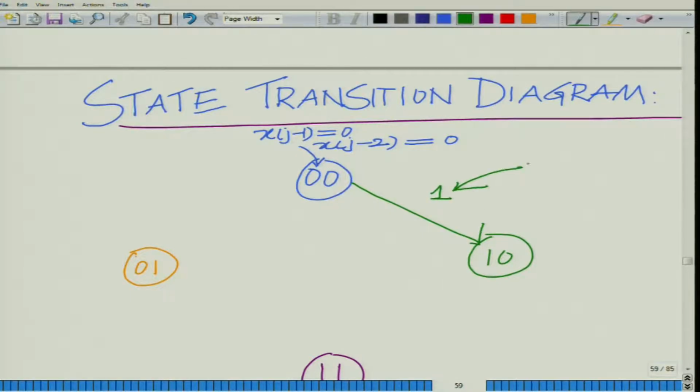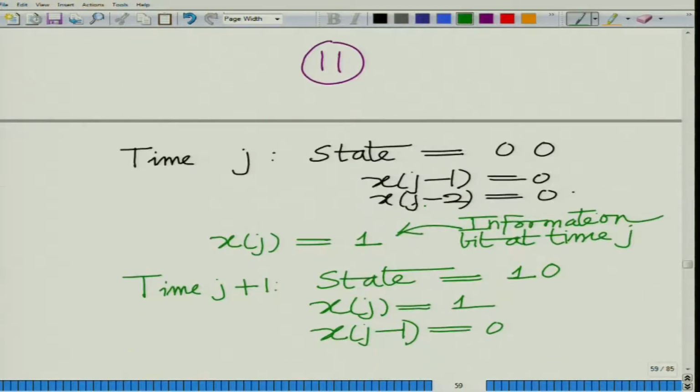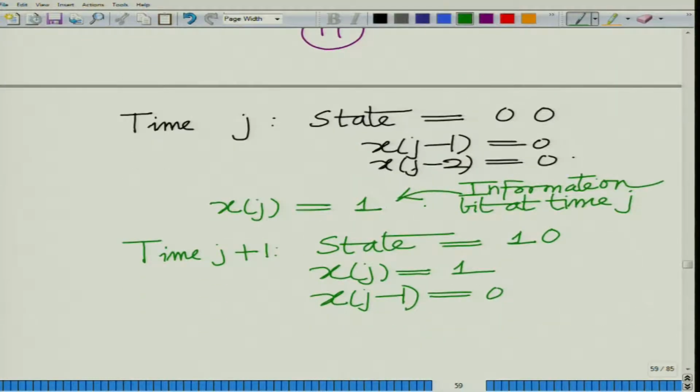Remember, this branch is represented by the input bit and the corresponding outputs. Let us look at the outputs.